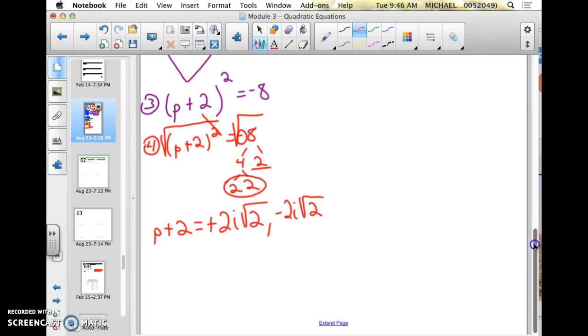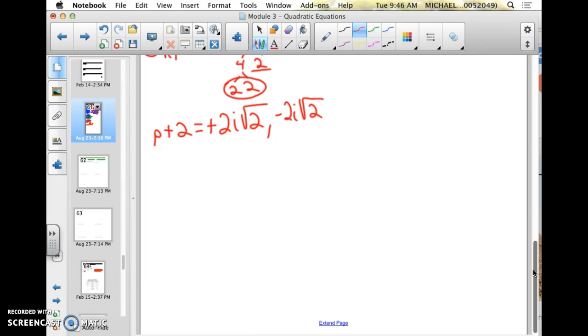And to finish it off then, I subtract 2 from the left-hand side and from every piece. So that cancels out over here. So p is going to equal 2 complex conjugate solutions.